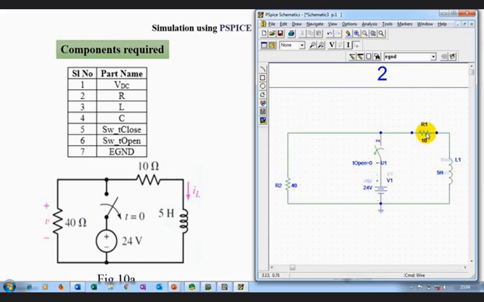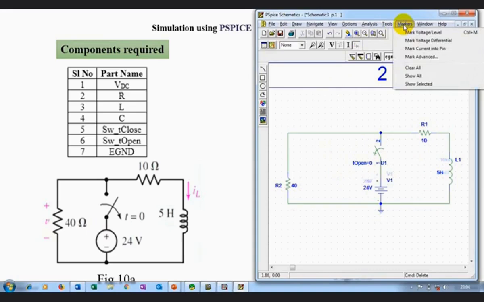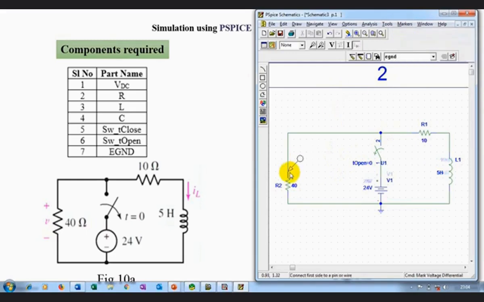Now if you observe, I have created a shortcut here, so we have to delete this wire. Now where do you have to find voltage? We need to find the voltage across the 40 ohm. So go to markers, mark voltage differential. The top is positive and the bottom is negative.